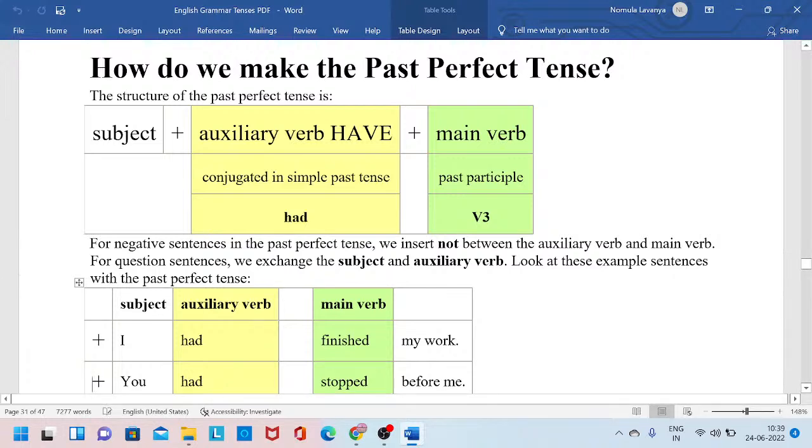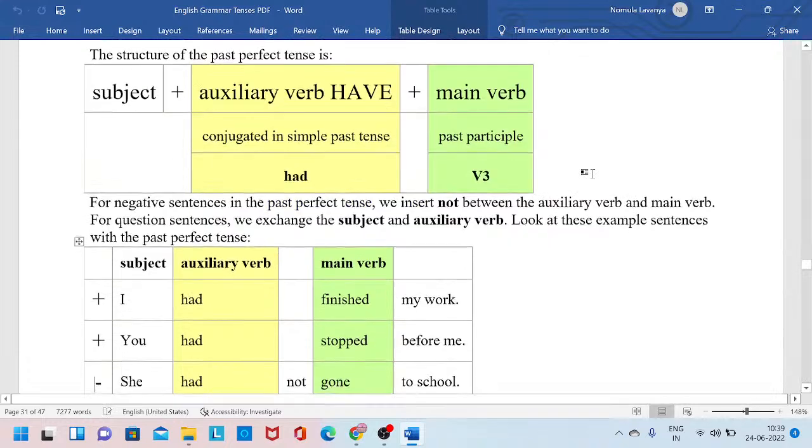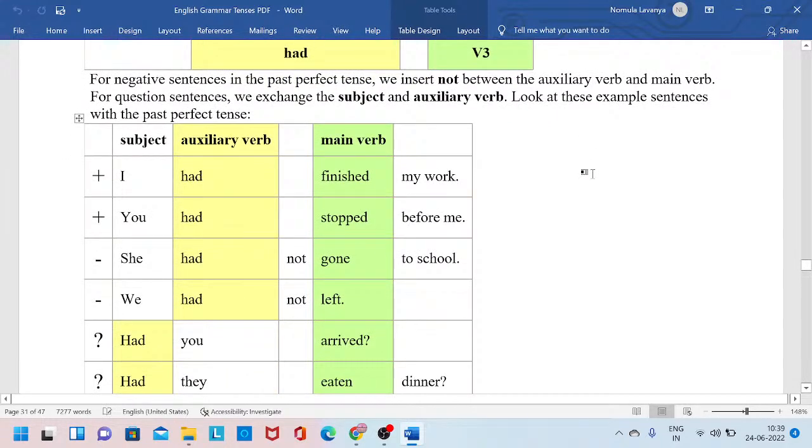For negative sentences in the past perfect tense, we insert not, as we already know. For the negative sentences we use not, and the auxiliary verb and the main verb. For question sentences, we exchange the subject and auxiliary verb.